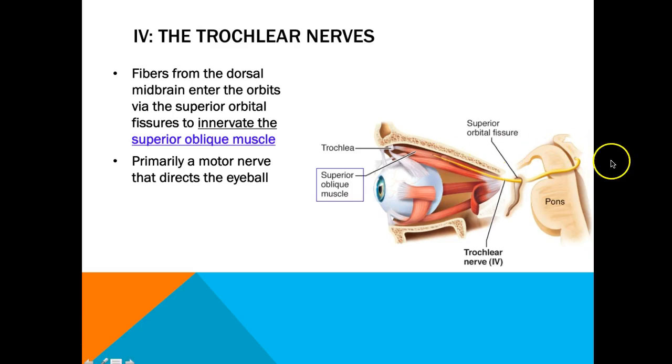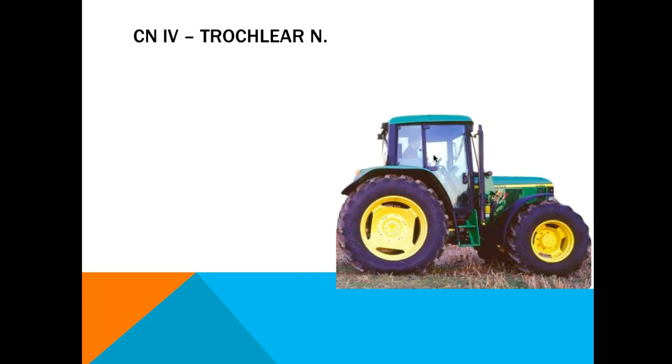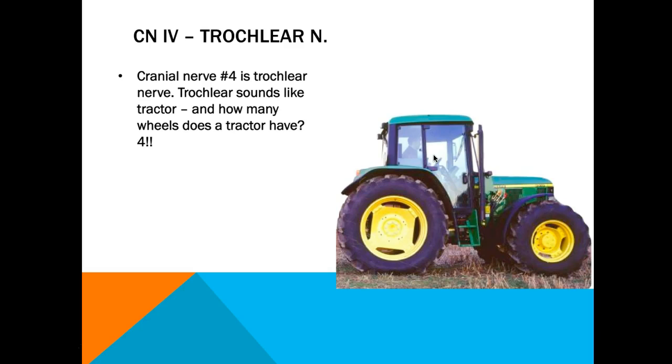These fibers are going to travel from the dorsal midbrain and enter the orbit through the superior orbital fissure. It goes to one specific extrinsic eye muscle, and that is your superior oblique muscle. The way I remember this is trochlear reminds me of the word tractor, and how many wheels does a tractor have? 4.